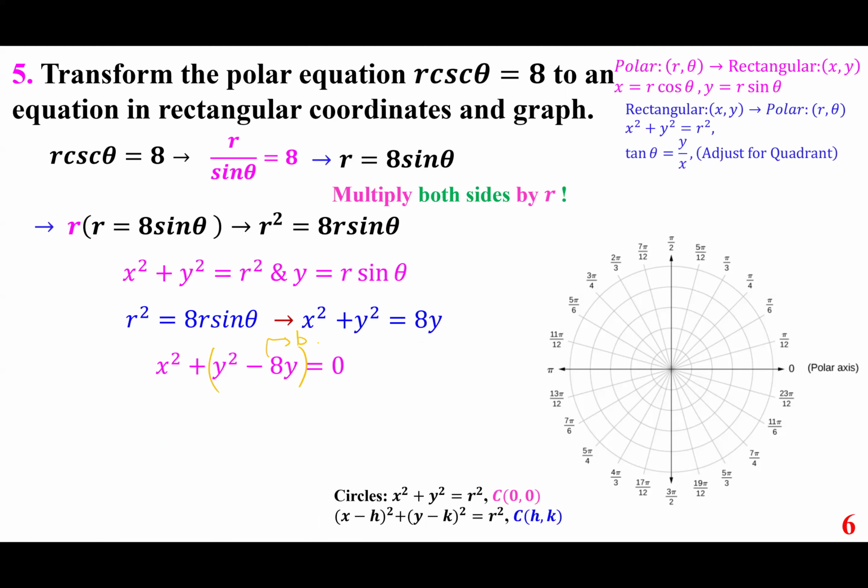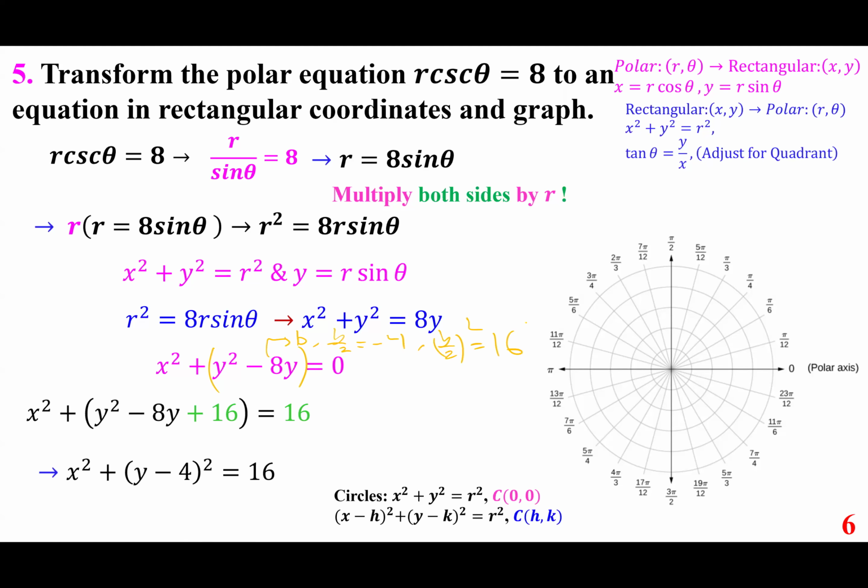B is -8. Divided by 2, -4. Square it. Positive 16. We add 16. So the left side becomes x squared plus y minus 4 quantity squared equals 16.